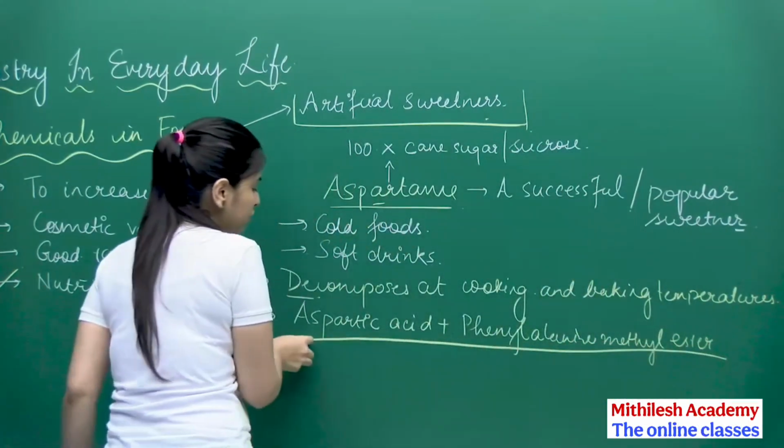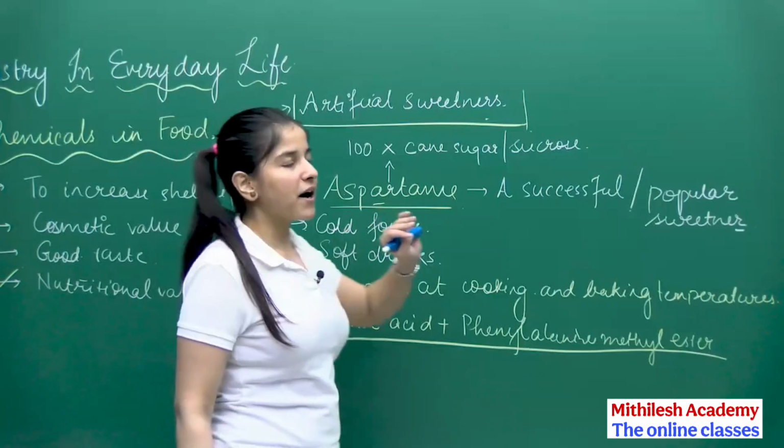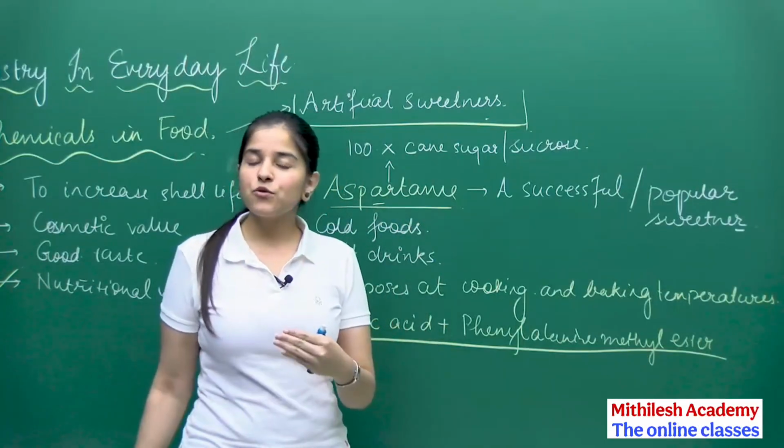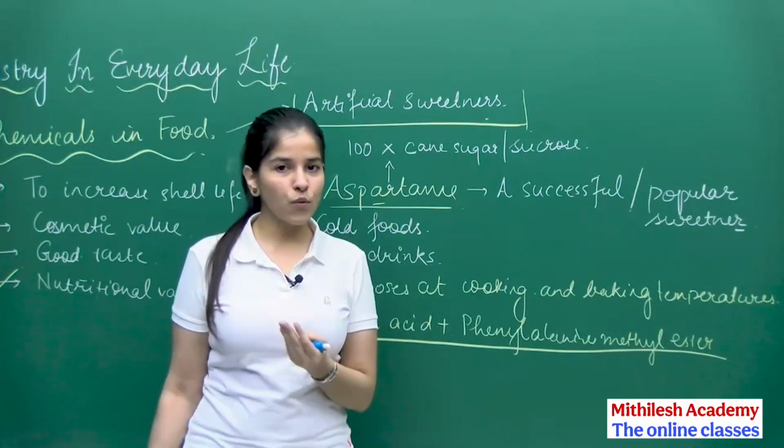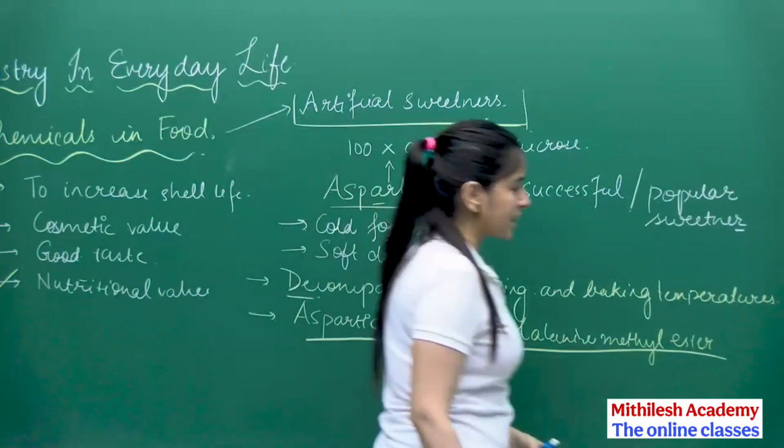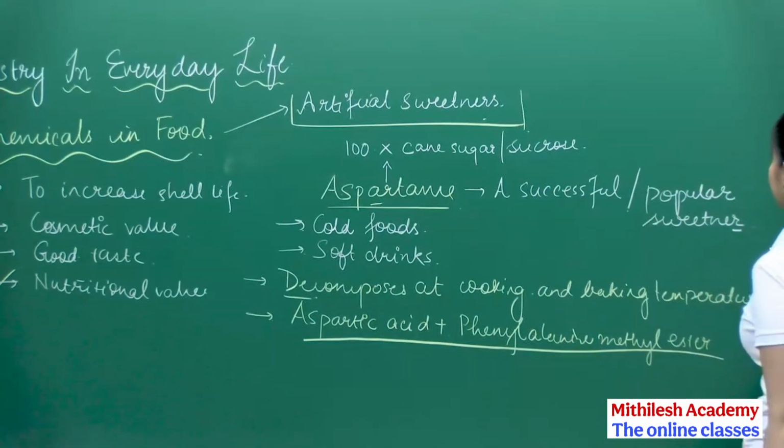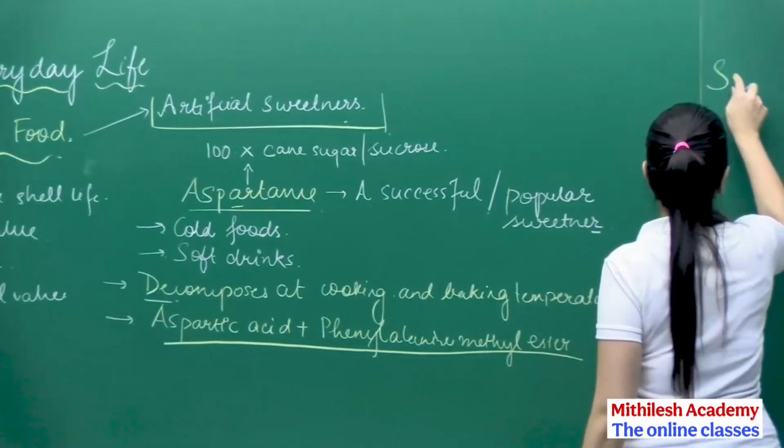I hope you are able to draw the structure for aspartame on your own. Now let's move on to another kind of sweetener. What is that? That is saccharin. I was discussing saccharin in the last session.